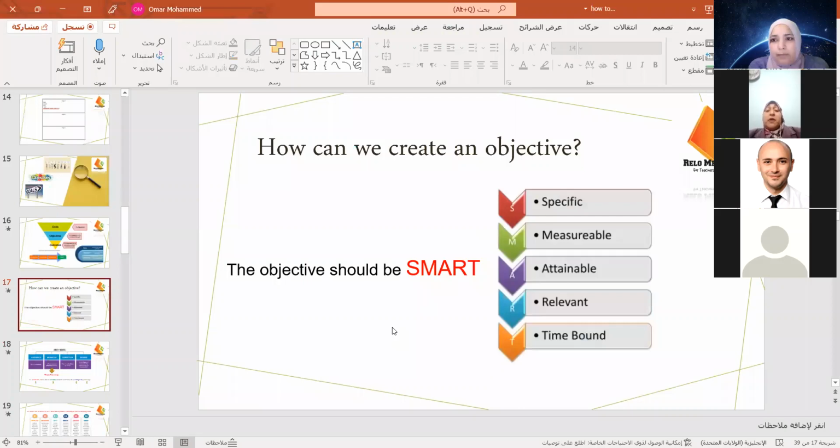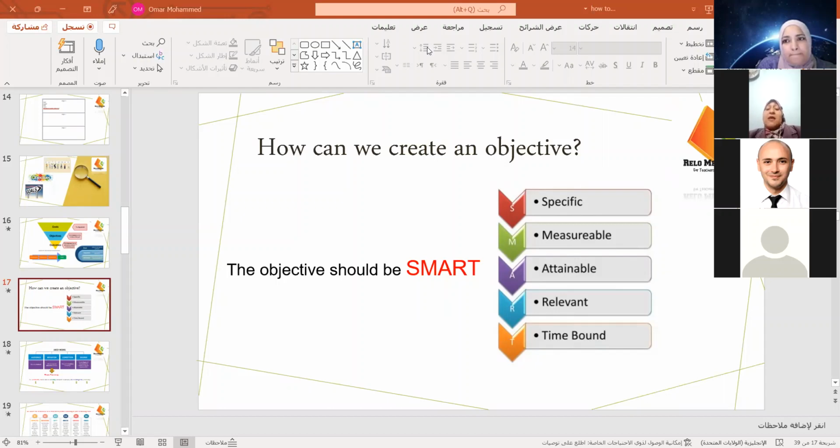We have something here. When forming the objectives, they should be SMART. What do you think of the word SMART? So the acronym: S is for specific. Our objectives should be specific, clear from the beginning, and measurable.